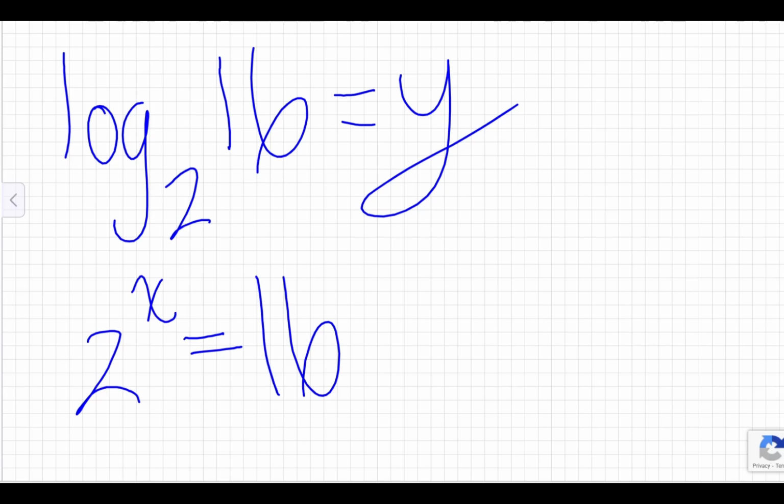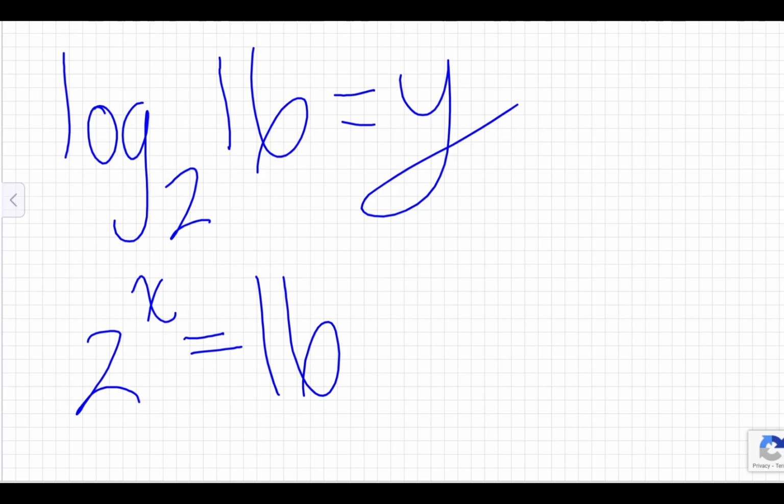And 2 to what power gets you to 16? In this case, it's really easy to find out. We can just say, oh, well, 2 raised to the power of 4 gives you 16.